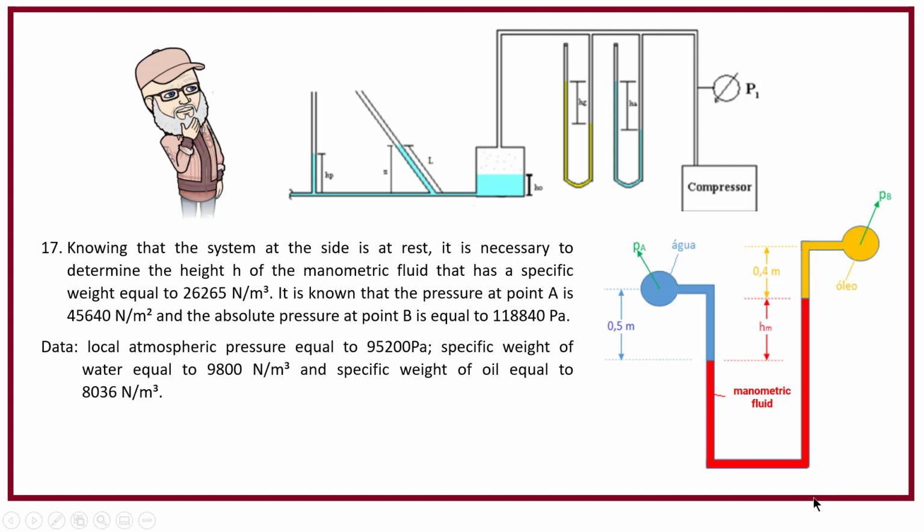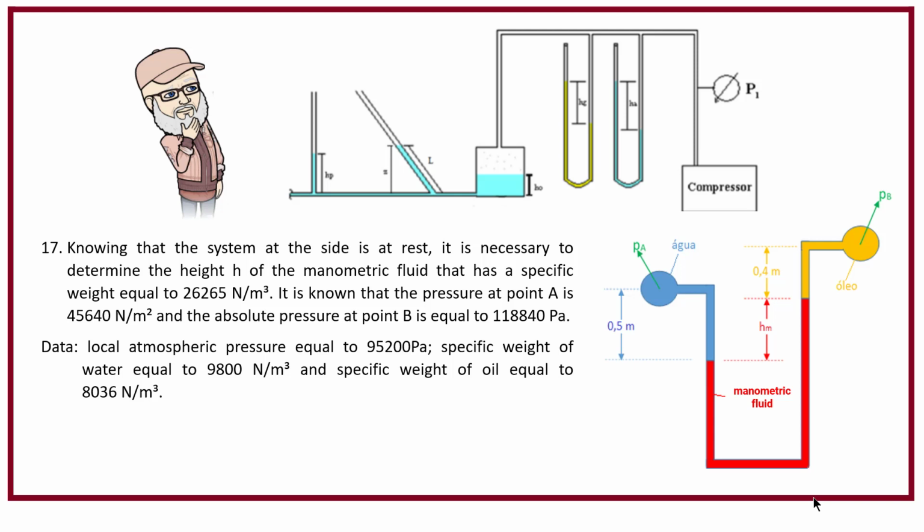Knowing that the system at the side is at rest, it is necessary to determine the height h of the manometric fluid that has a specific weight equal to 26,265 N per cubic meter. It is known that the pressure at point A is 45,640 N per square meter and the absolute pressure at point B is equal to 118,840 Pascal.